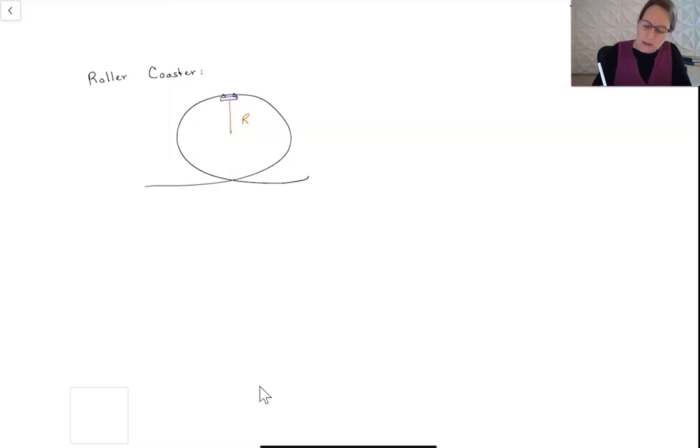And so if we look at the force diagram for the cart that's upside down, we again have mg, the people plus the cart, times g, the total mass, and then the other force acting on it would be the normal force from the track on the cart. It's pushing down on the cart.